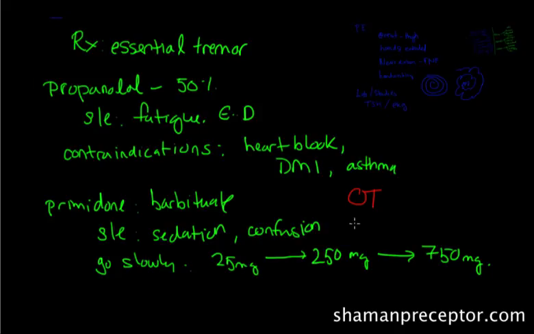And so that's what OT can help with. And then, of course, if after propranolol and primidone and OT things aren't working for your patient, you can refer them to neuro. And neuro will try other meds like benzos, and they may even refer the patient to deep brain stimulation as a last resort.